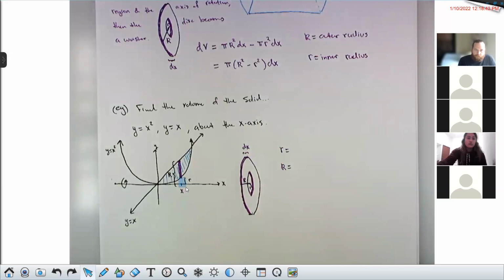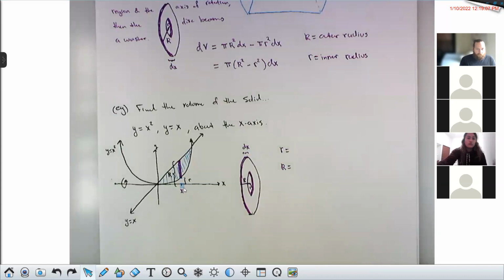What is this distance? Good, x squared, right? It's the y value here minus the y value here. Up here, we're along the curve y equals x squared. So the y value here is x squared.